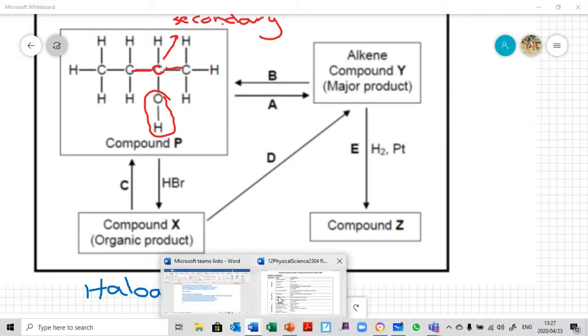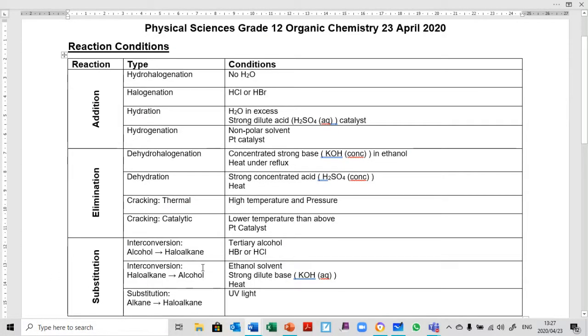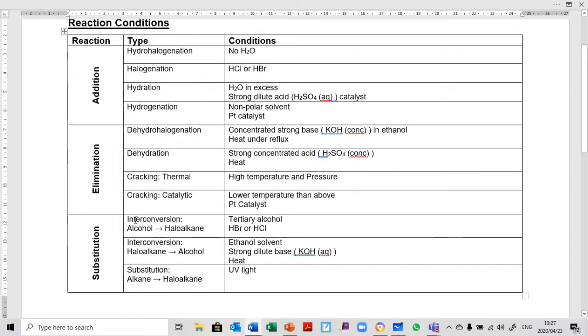And I assume that because when I look at my possible substitution reactions, I have interconversion between an alcohol and a haloalkane, interconversion between a haloalkane and an alcohol, or I can take an alkane and substitute it.